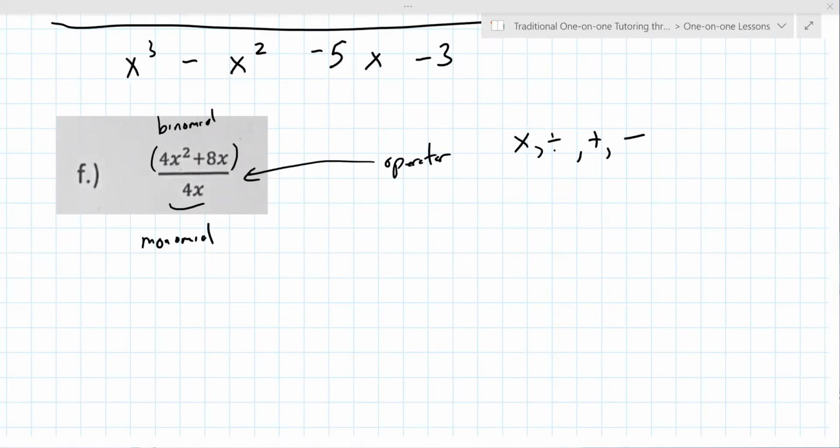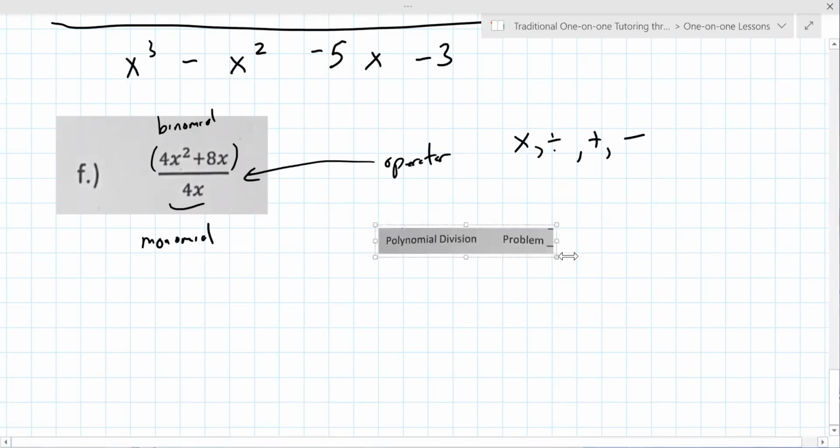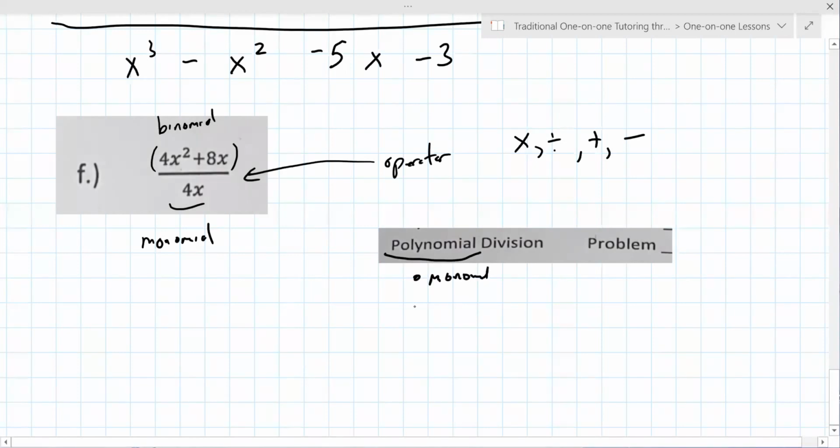Now you might think, well, okay, that's great, Matthew, but I don't see that on here. You're right, because your instructor has yet again used a different set of language. If you wanted to be a difficult student, you could go back and say, well, Mr. Instructor, this actually isn't a polynomial down here at the bottom. But as I said, polynomial tends to cover monomial, binomial, trinomial.